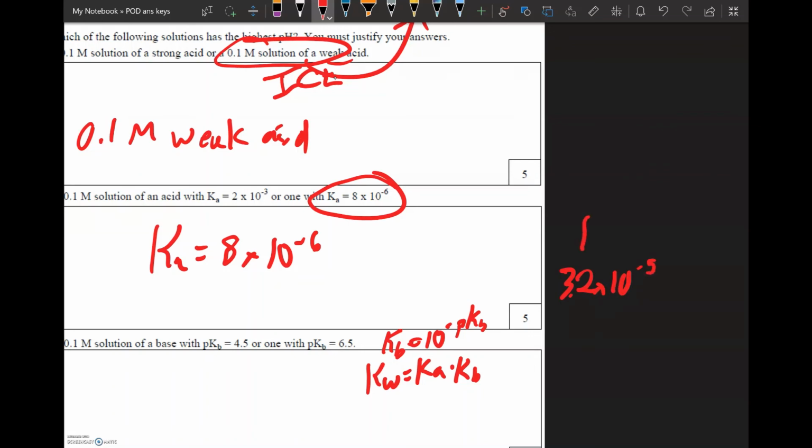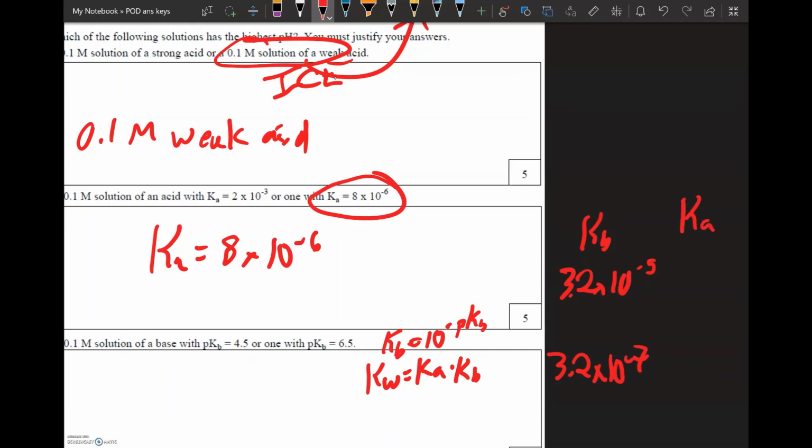That's for the Kb. And then for the next one, 10 to the negative 6.5 gives me 3.2 times 10 to the negative 7.